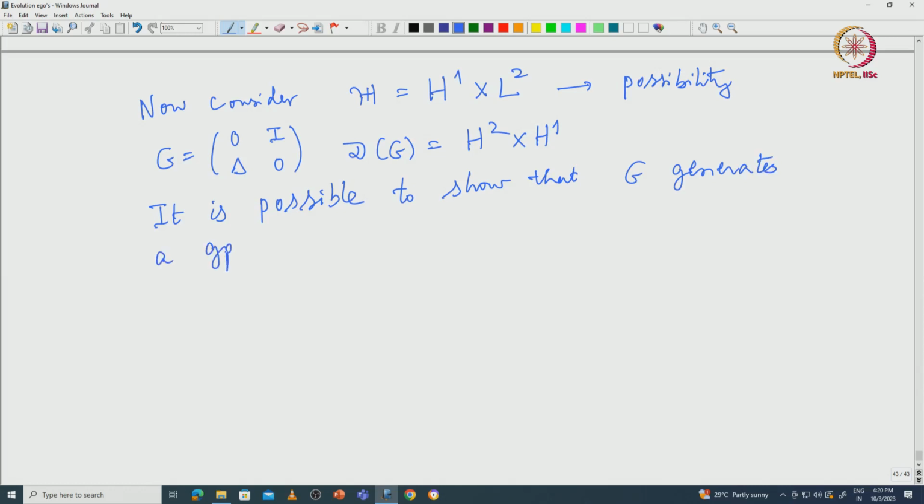In fact, it is not unitary. If it is unitary, then we get conservation of energy, but now the space is H1, so the L2 norm of that function comes into play.